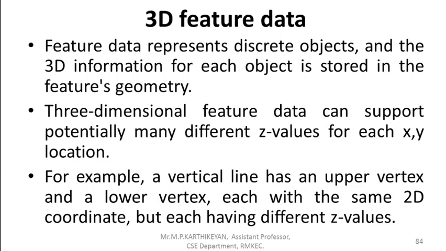Some GIS features, such as aircraft location or underground wells, naturally lend themselves to being modeled in 3D. Other data can be just as effective in 2D as in 3D itself.